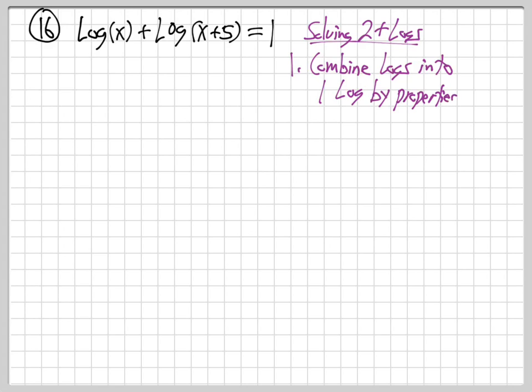Now, what do I mean the properties? Adding becomes multiply. Subtraction becomes divide. Remember those properties we learned, those log properties. So step 1, we're going to take these 2 logs and combine them into 1 log. So it's going to become 1 log, not 2. And remember what the properties were?